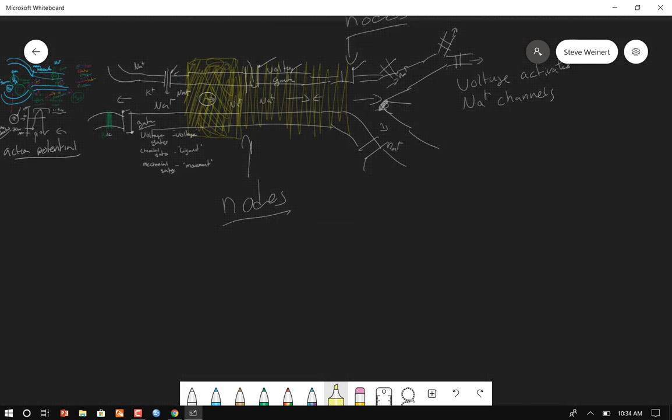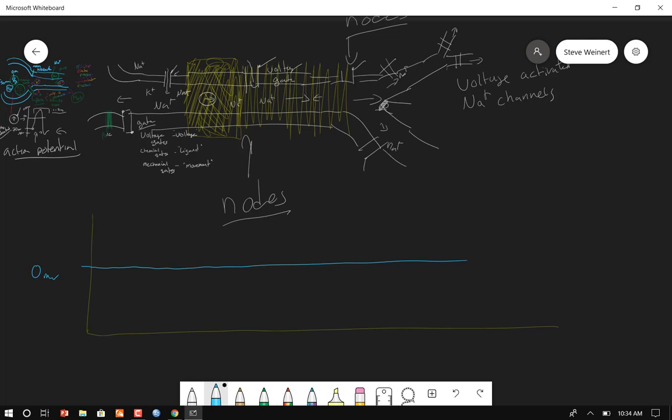Here's how this looks on a chart, your electrical chart. Here's 0 millivolts. Ready for this?